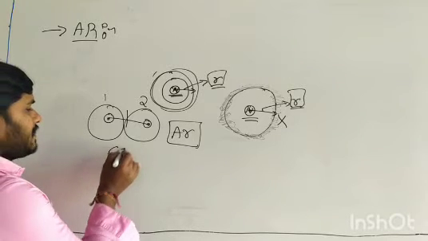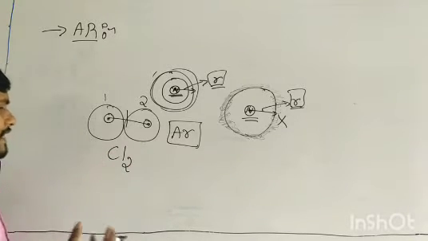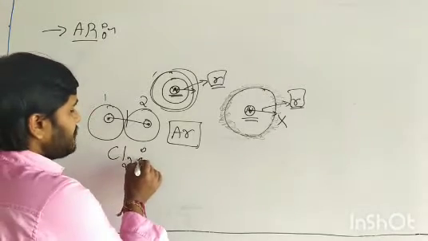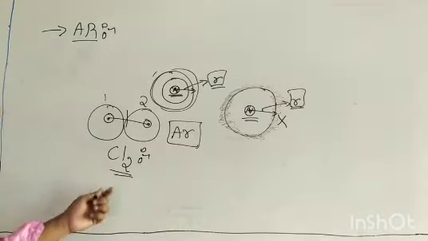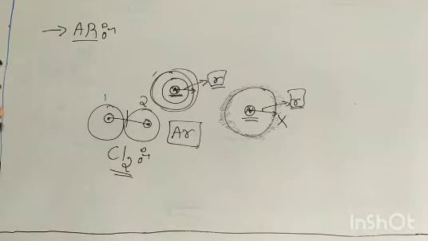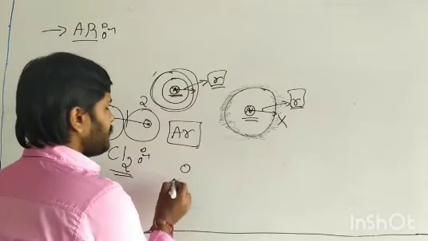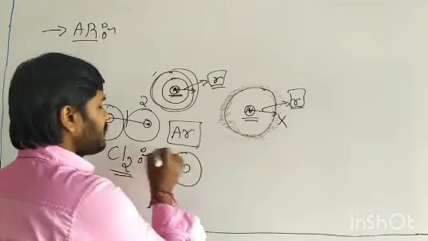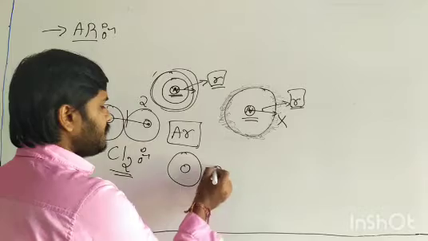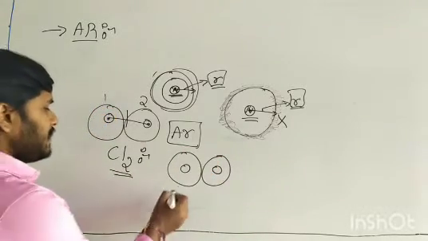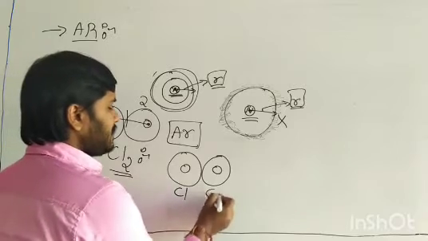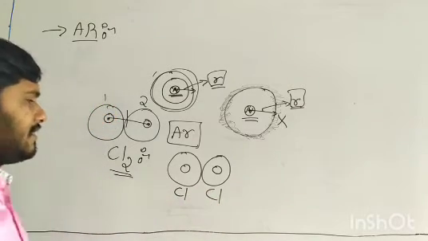For example, guys, if you consider a Cl2 molecule, there are 2 chlorine atoms. Is it right? It consists of the nucleus of one chlorine and an electron cloud, and the nucleus of another chlorine and an electron cloud. This is one chlorine atom and this is another chlorine atom.